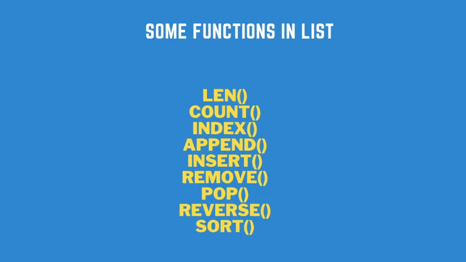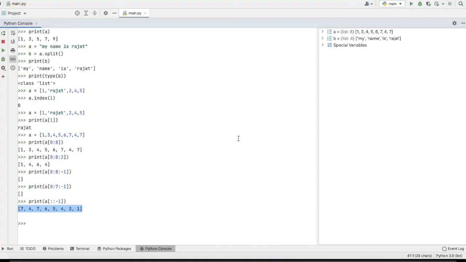So now we will see some functions of a list. All function names I have written in capital letters, but they will be in small letters. First is len, which is helpful to find the length of the list. How many elements are present in a list, we can get with the help of this. Let me show you.